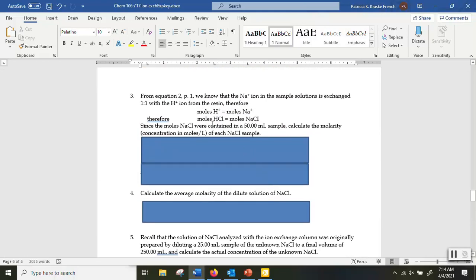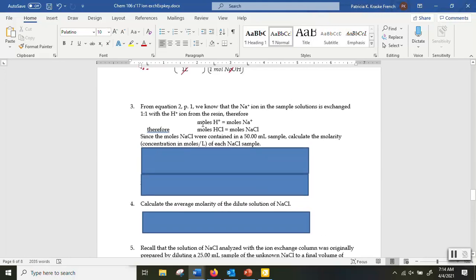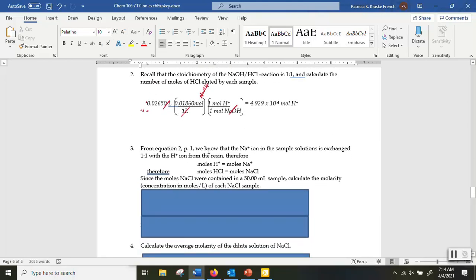Okay, step 3. From equation 2, we know that the sodium ion in the sample solutions is exchanged 1-to-1 with a hydrogen ion from the resin. Therefore, moles of hydrogen should equal moles of sodium, or moles of HCl equal moles of NaCl.